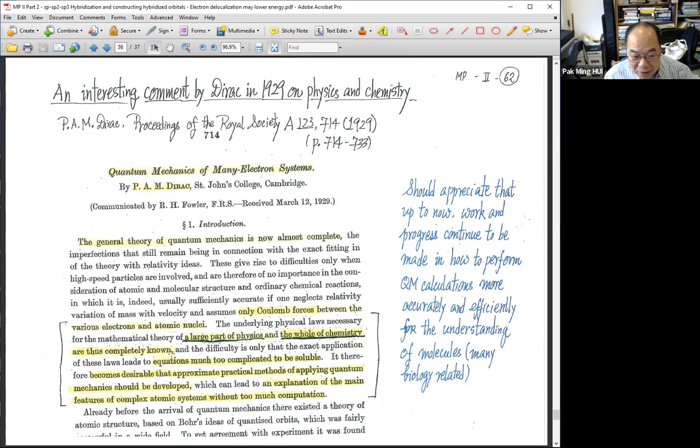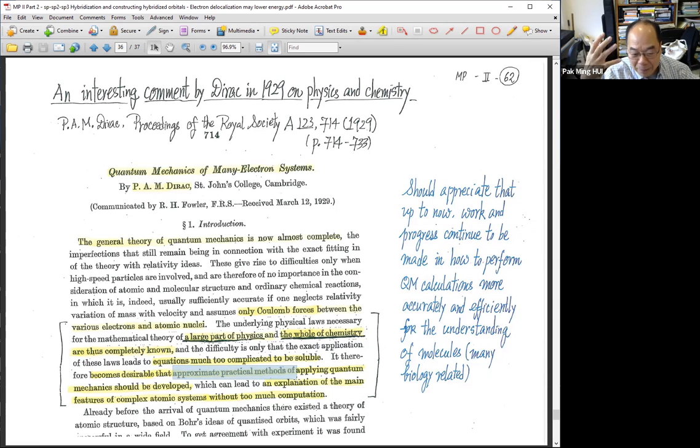But what practical difficulty remains? "The difficulty is only that the exact application of these laws leads to equations much too complicated to be solvable." So we can write down the equation, we know the Schrödinger equation, we just can't solve it analytically or exactly. "It therefore becomes desirable that approximate practical methods of applying quantum mechanics should be developed."